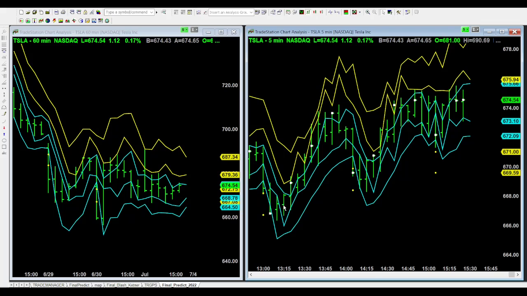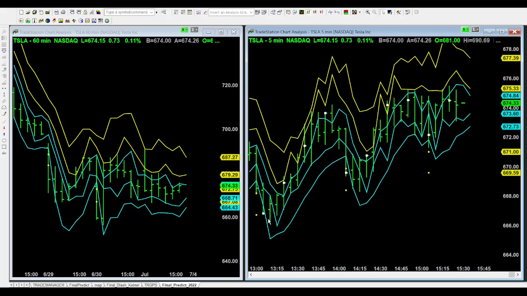And then for the next 5 minutes, it opened here. Even though it opened at the same price as this closing price, the major difference is it moved up to this band between these two trend lines instead of the bottom two trend lines. So that means it moved up a band.